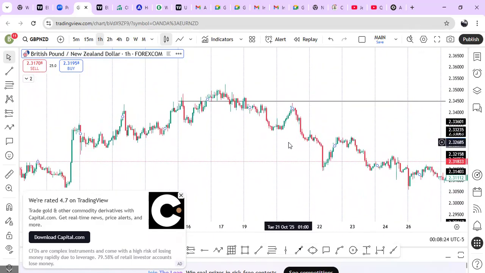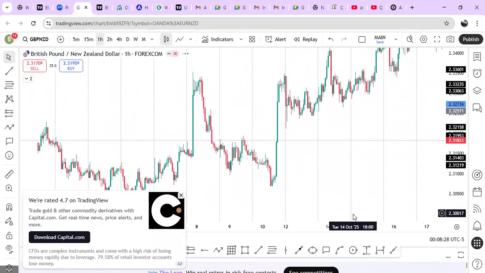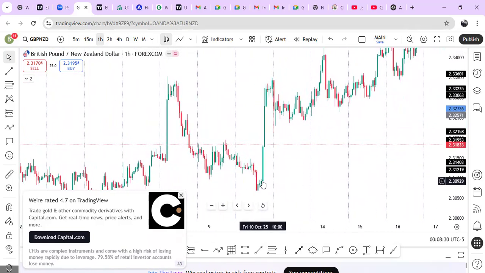You can see here this unhealthy price action, maybe caused by a news event or something. Then you can see candle one, candle two, candle three.